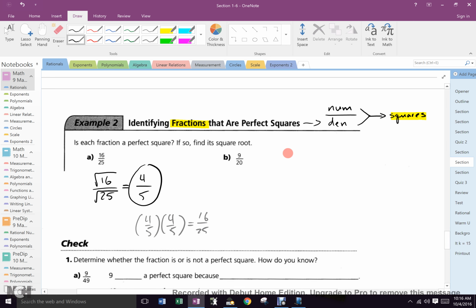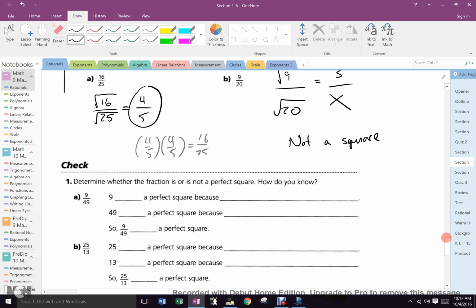Now let's check 9 and 20. Does 9 have a square root? 3. Does 20? No. So this guy is not a square. So 9 and 49. Is 9 a perfect square? Yes or no?